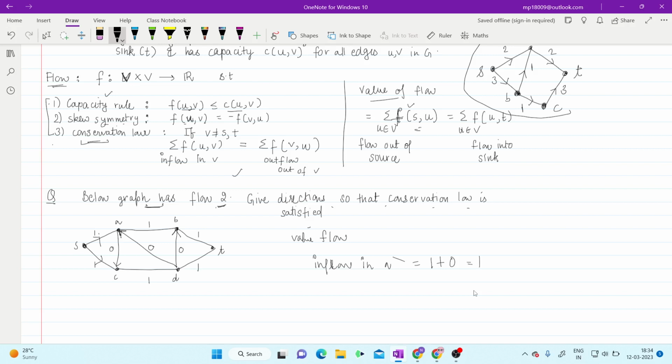And what are the edges which are going out of A? They are AB and AC. Since AC has flow 0 and inflow should be equal to outflow, the direction of AB should be AB. Now similarly, what is the direction of CD?